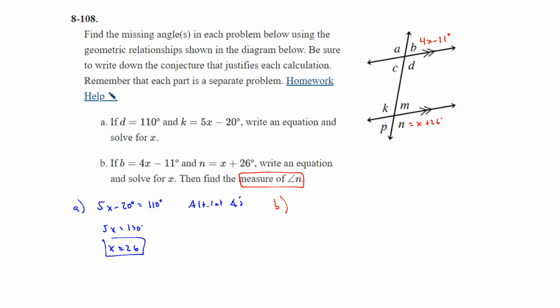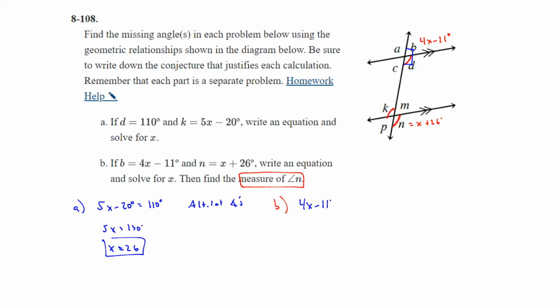So we can look at this and kind of just start marking things. Angle n is congruent to angle k because those are vertical angles. We also know k is congruent to angle d because they're alternate interior angles. And so therefore, these two angles form a straight angle, so we know that they are supplementary. So we are going to add the two angles up and set them equal to 180 degrees.